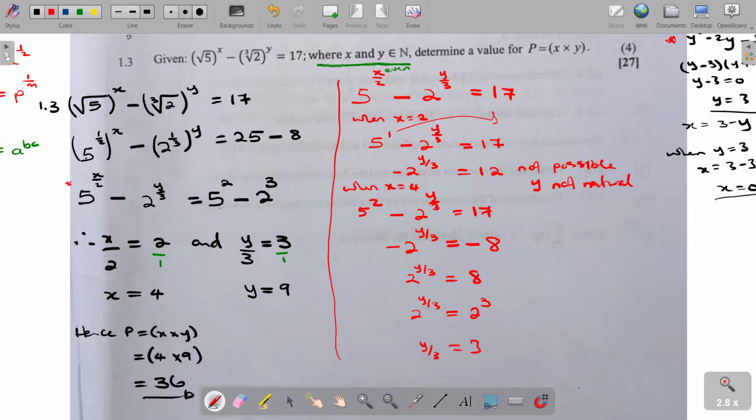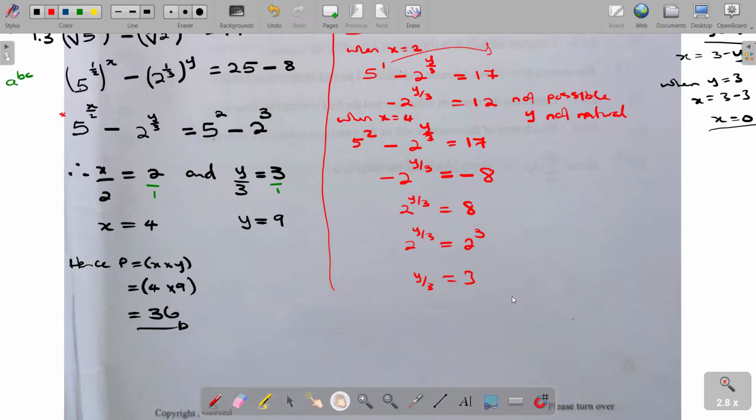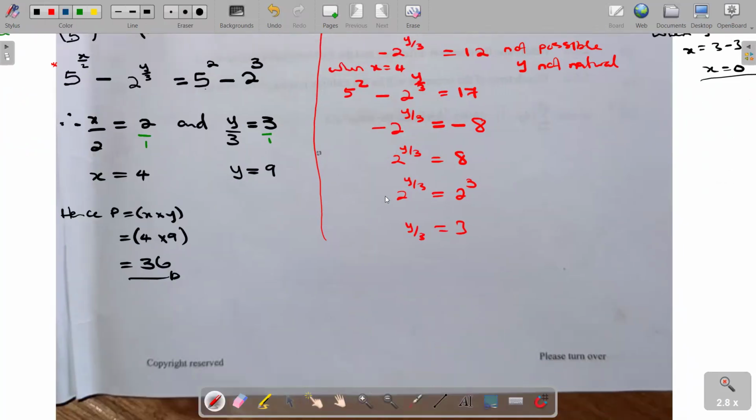If we are to simplify further, it means this one is the same as 3 over 1. Let me write here correctly, as well as y over 3. So when you cross multiply, y is equal to 9. So x is equal to 4, y is equal to 9. And as you can see, 4 and 9 are natural numbers.